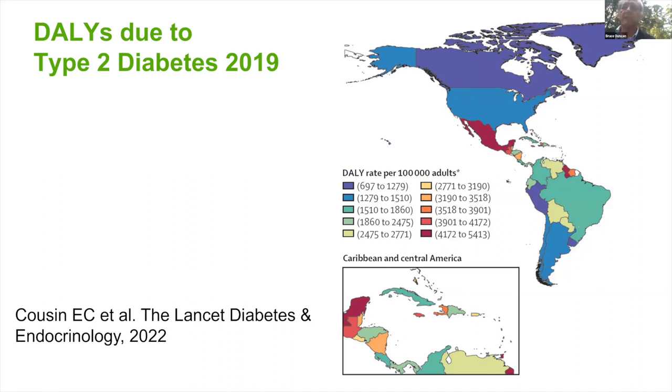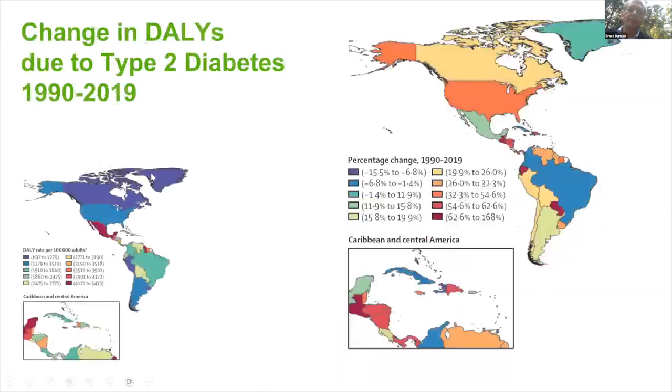And surprisingly, this is the previous slide, the color coding here, with red being a larger percentage change in DALYs due to type 2 diabetes from 1990, is occurring basically in countries which did not have the highest burden originally in 1990.